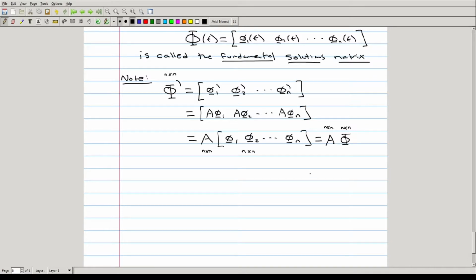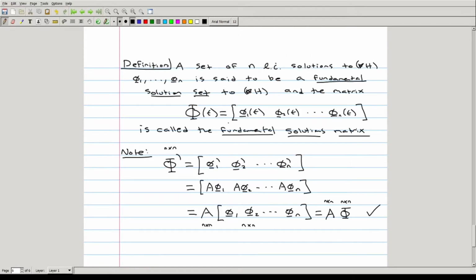And this fundamental solutions matrix satisfies a matrix form of the homogeneous differential equation itself, which is very cool. We also know that this matrix has columns which are linearly independent of one another, because phi1 through phi(n) are all linearly independent of one another.